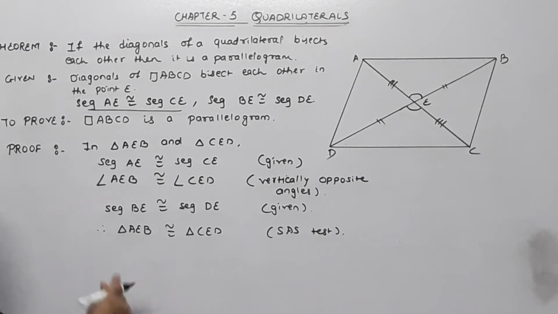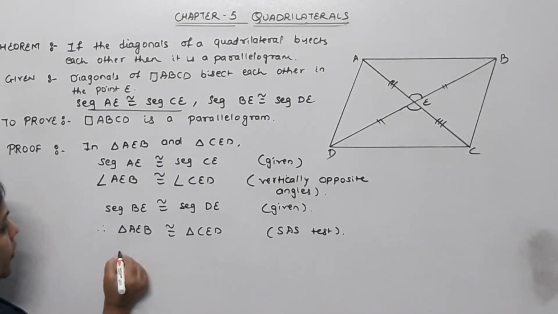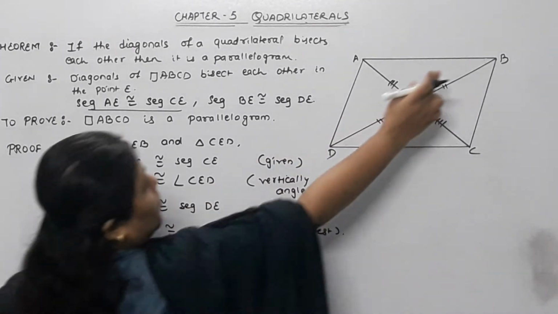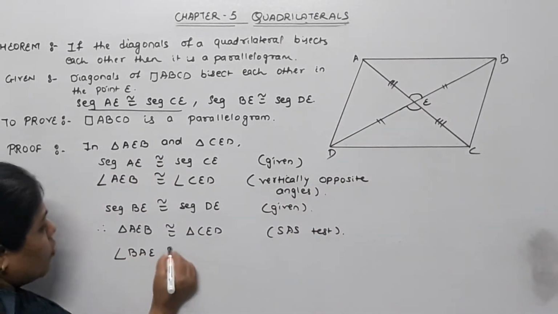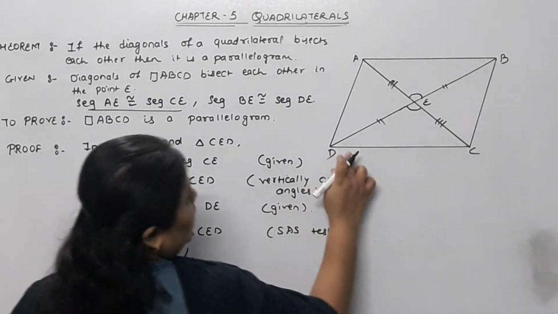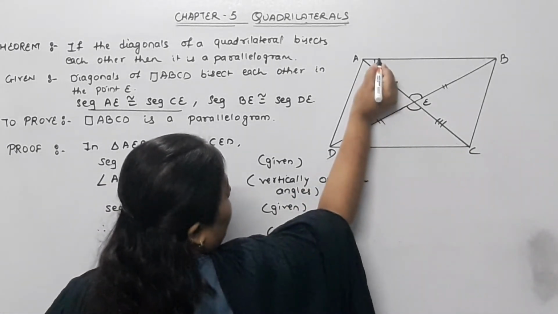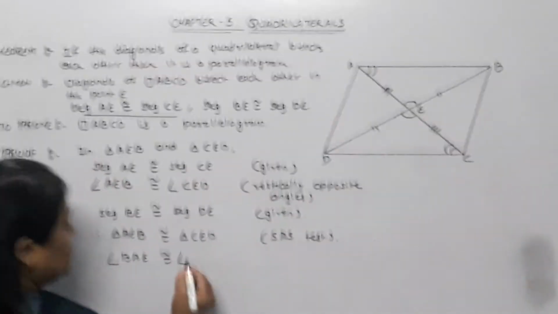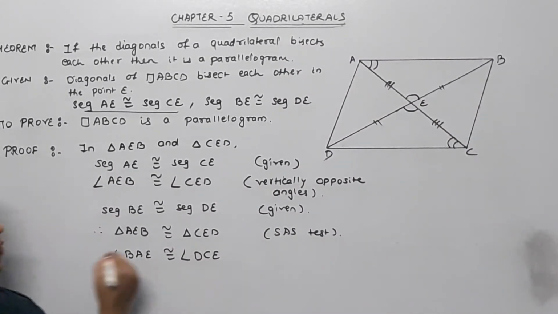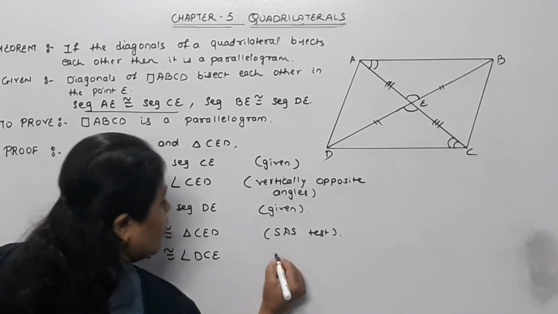Okay. So, if these two triangles are congruent, then angle BAE is congruent to angle DCE, right?